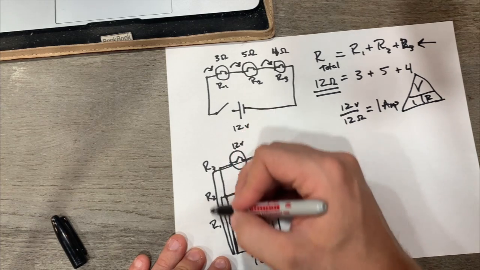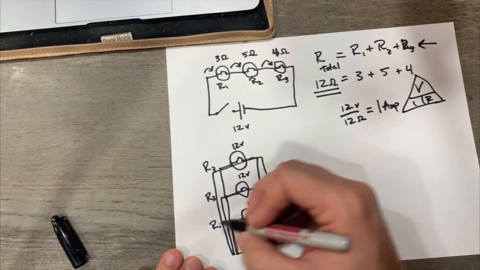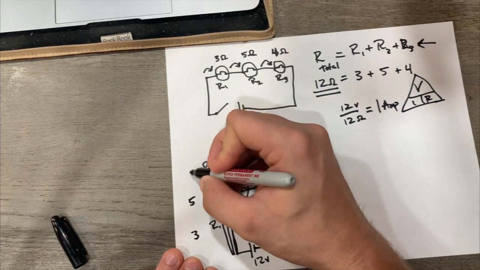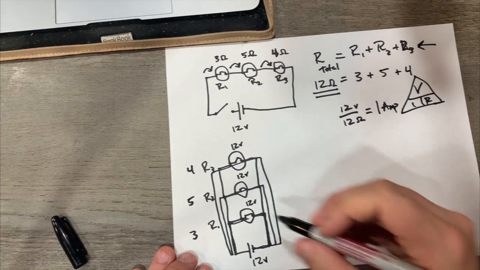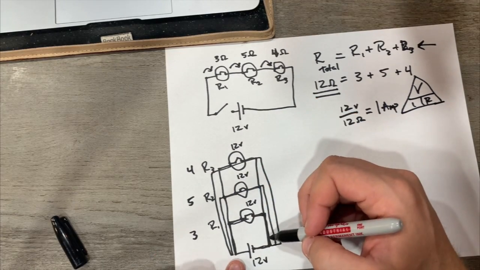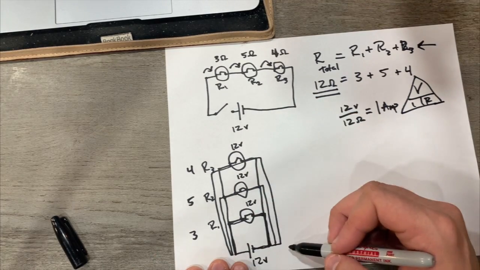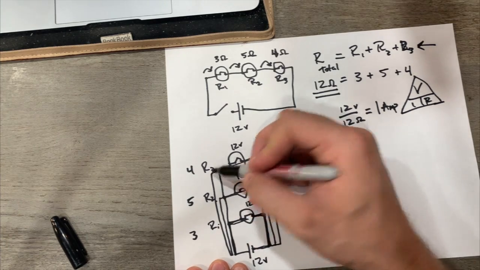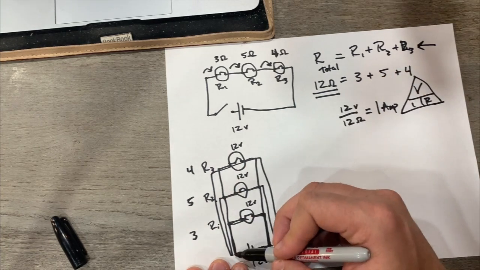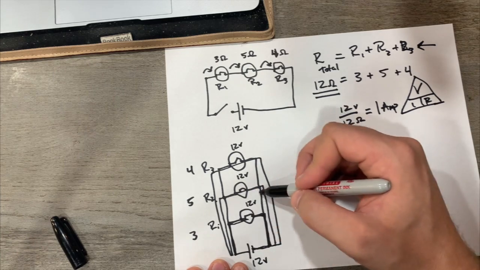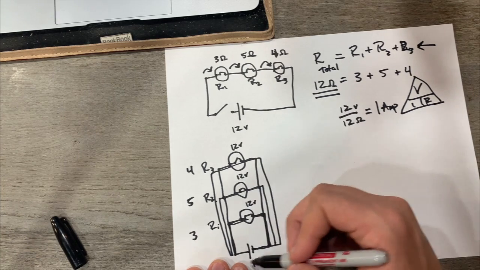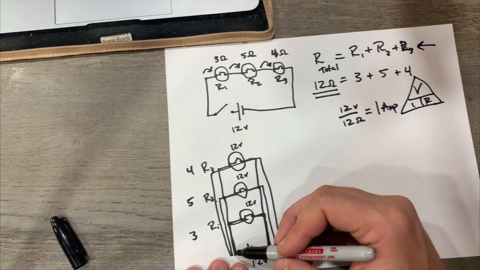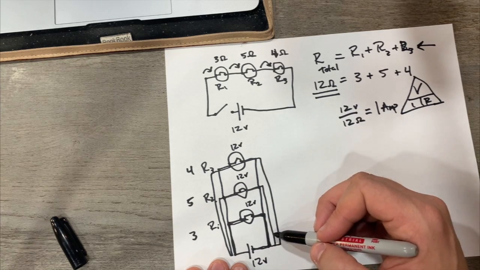Now, we'll make our resistance values the same as we did up here, so 3, 5, and 4. But this time, what we're going to find is that the total resistance over the whole circuit isn't found by just adding up the resistance values. Because each of these can be thought of as their own loop, as their own circuit, you actually will see that the total resistance will drop.